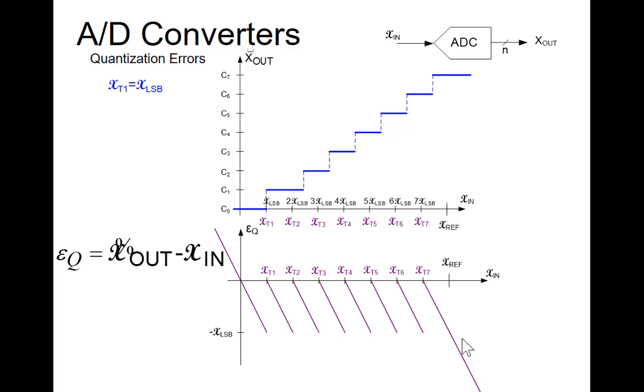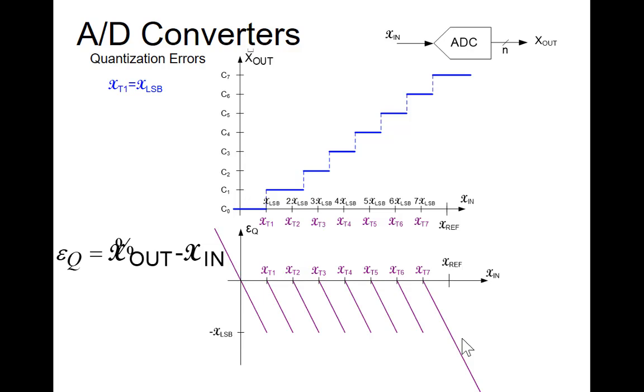And so we say that the output, for example, in this region here, the output is 0. It's code 0, which corresponds to 0. But the input is changing. So here the input is 0, so there's no error. But here the input is some positive value. So if you take the output of 0 minus some positive value, you have a negative error.